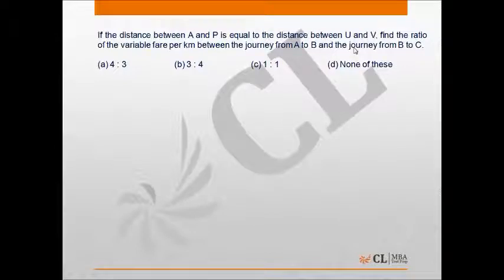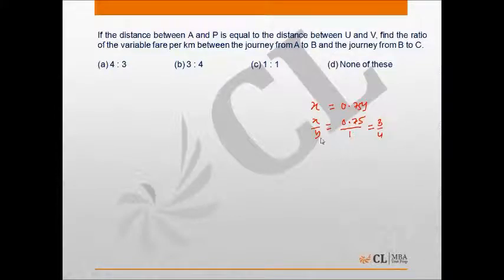If the distance between AP, which we have assumed as x, and that between UV, which as per our assumption has to be 0.75 of y, it means x by y is 0.75 upon 1, which is 3 by 4.